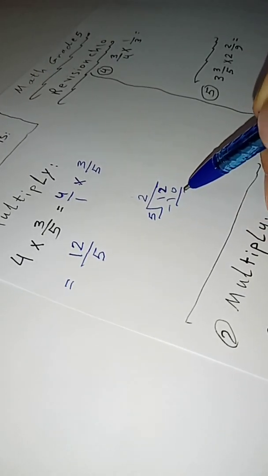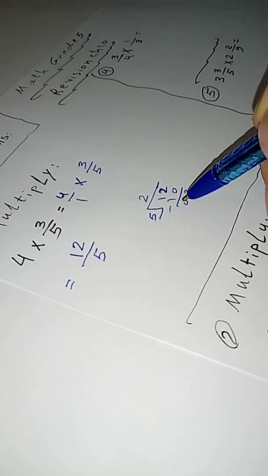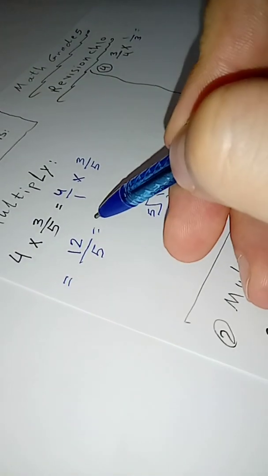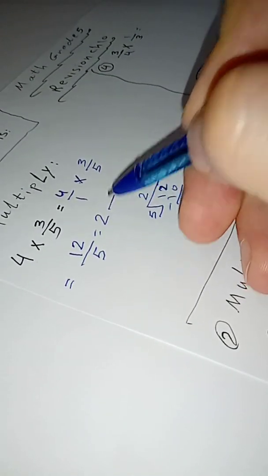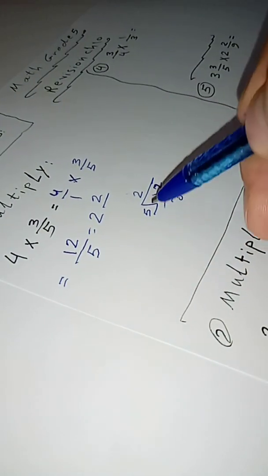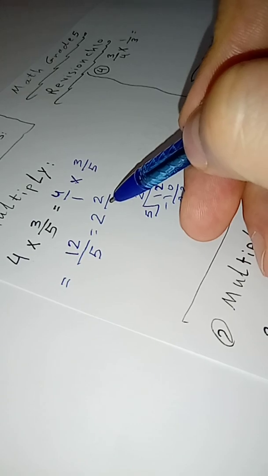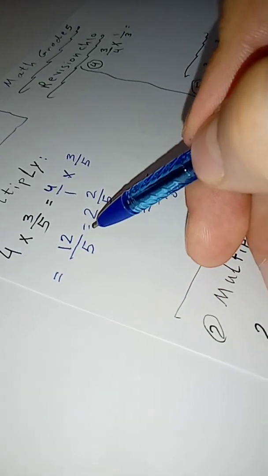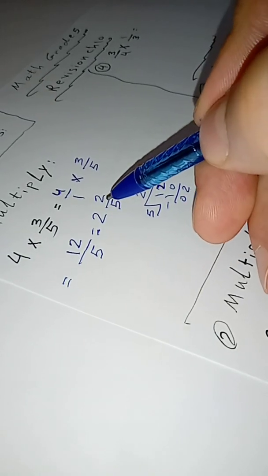Now 2 minus 0, 2, 1 minus 1, 0. So the answer will be 2. And put the remainder up here, and the same divisor here. So this is the answer as a fraction, and this is the answer as a mixed number.